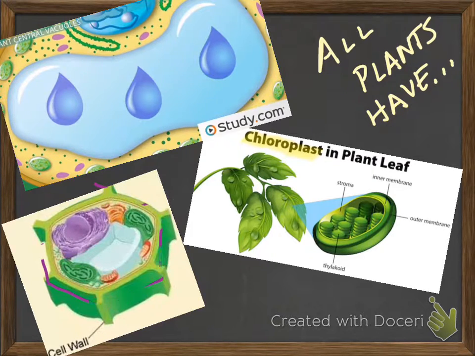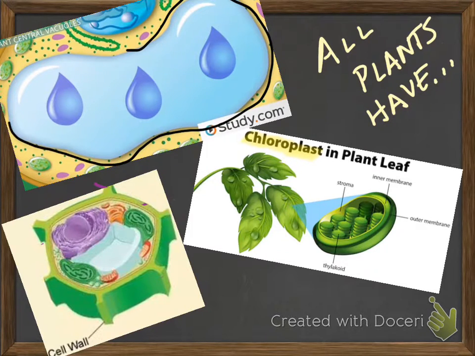Then the last one that we have to talk about is also found in plant and in animal cells. However, they are much larger in a plant cell, and that one would be this huge organelle here. That one is the vacuole. The vacuole is what stores the water for the plant.